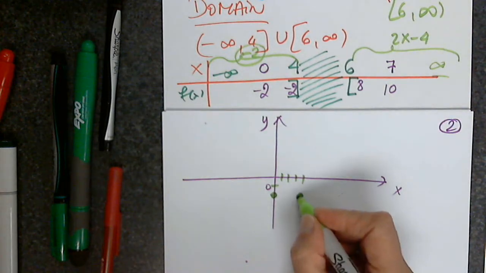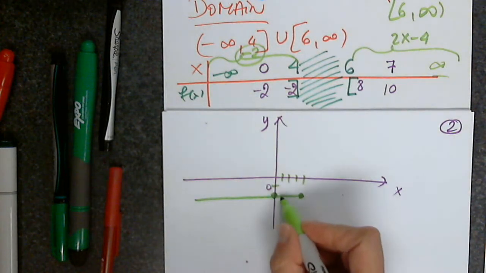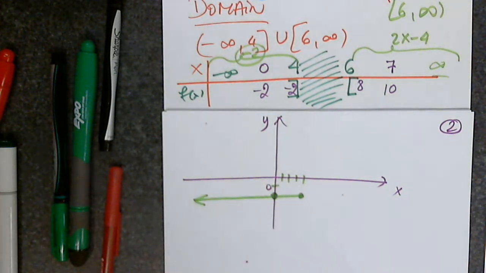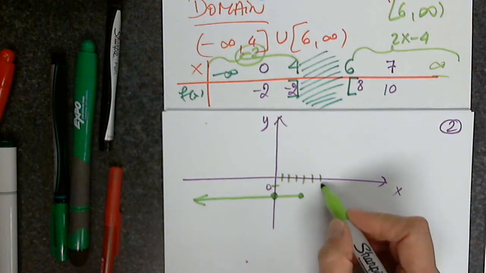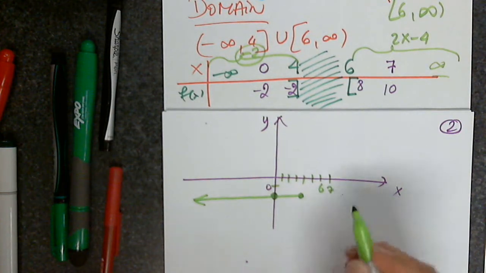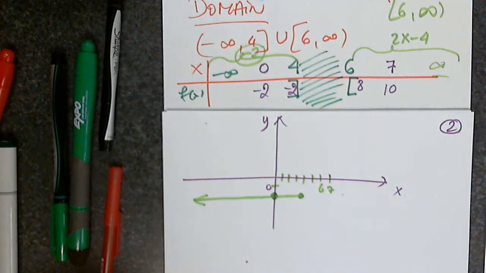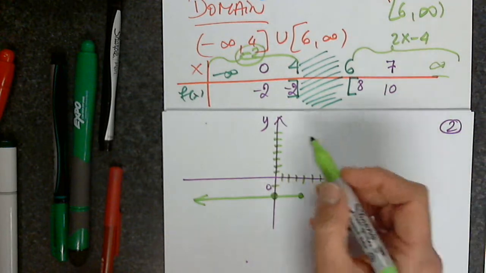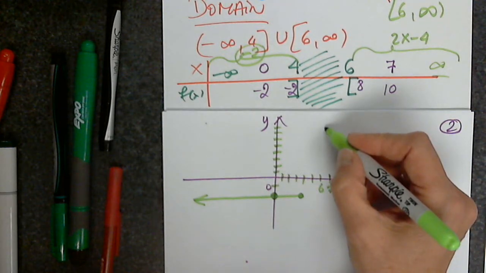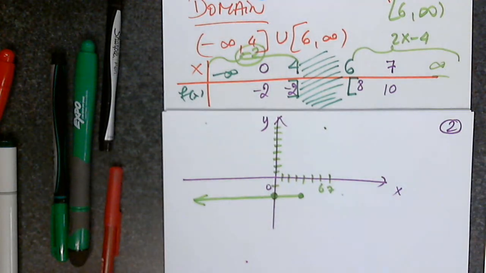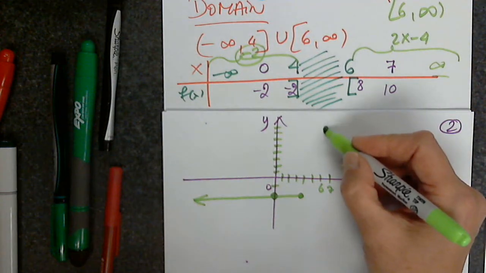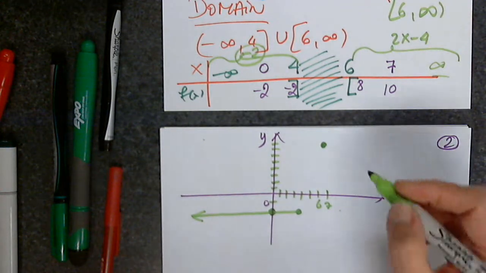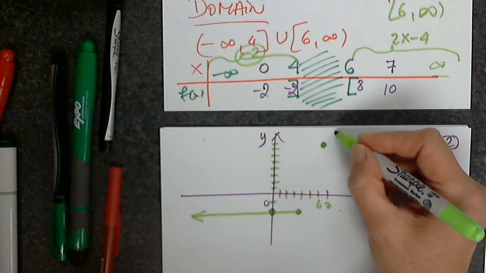Excellent. Next ordered pair, please. Six comma 8. Full point or an empty point? Perfect. And then 7 comma 10. I'm going to say it's up here.